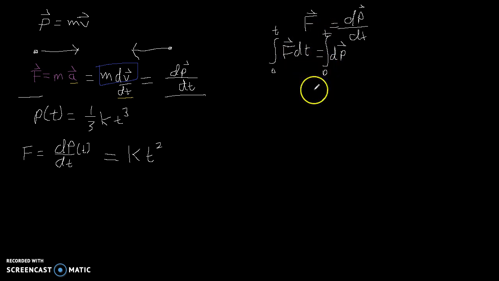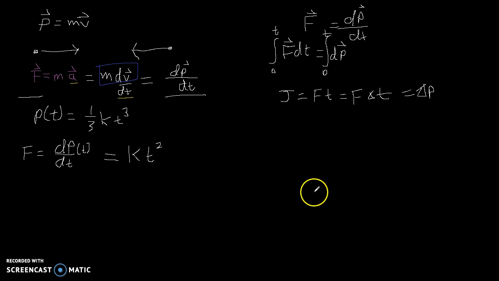And in the end, what you would get is J, which is the impulse, the change in momentum, is equal to the force times the amount of time that has passed. We could basically write this as F delta t. So this is what impulse is: the change of momentum, which is equal to force times time.